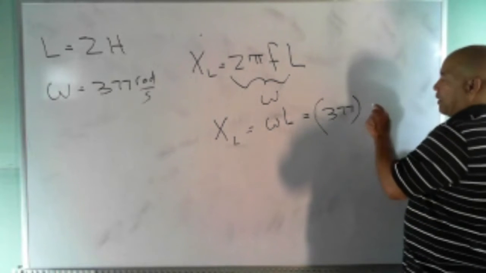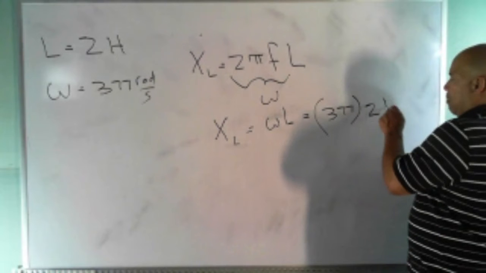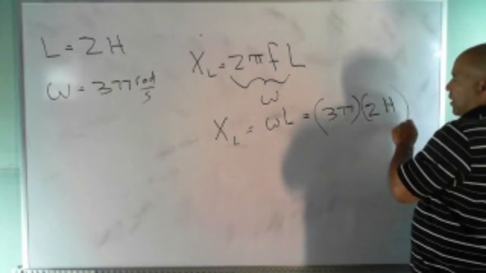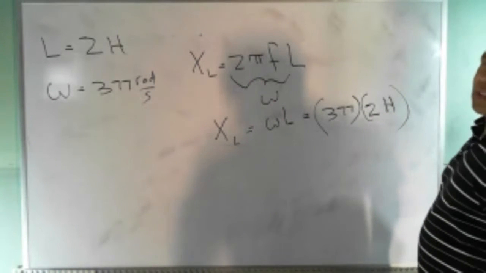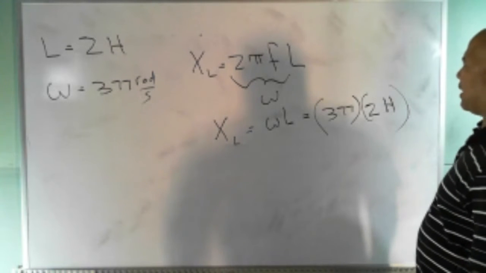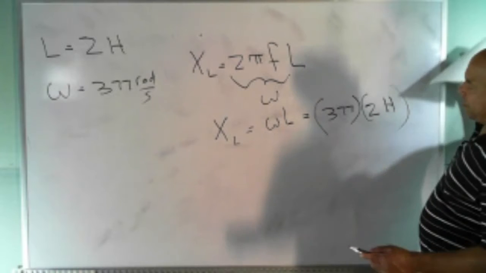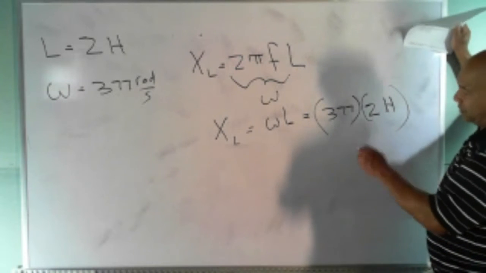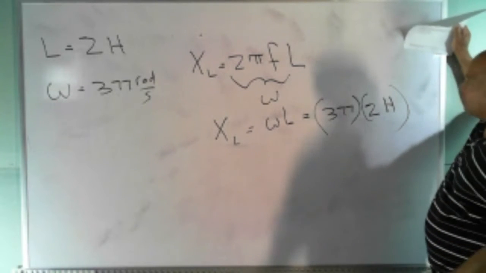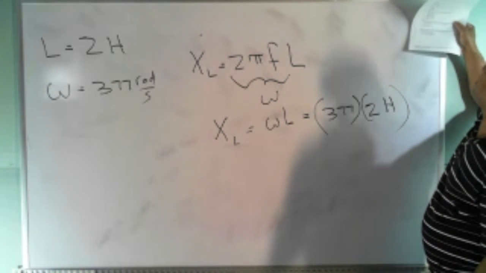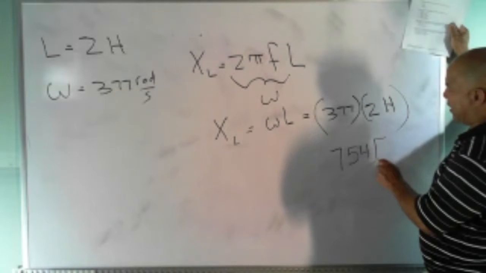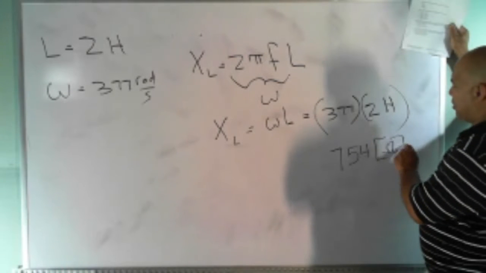Just drop it and multiply by L. What's 2 times 377? Give me a value for 2 times 377. 754. And my units would be ohms.